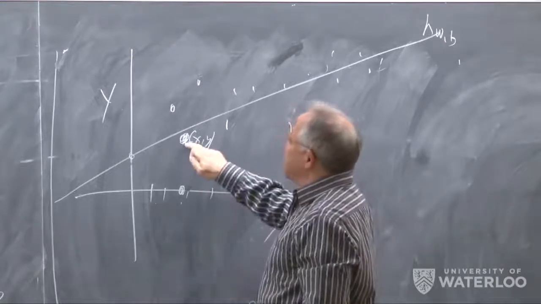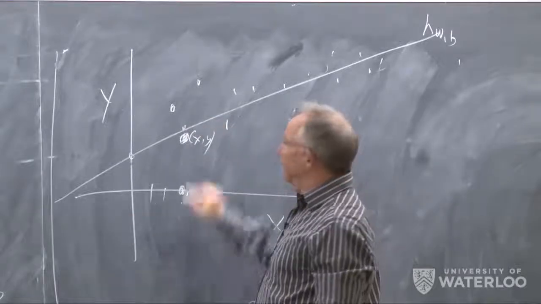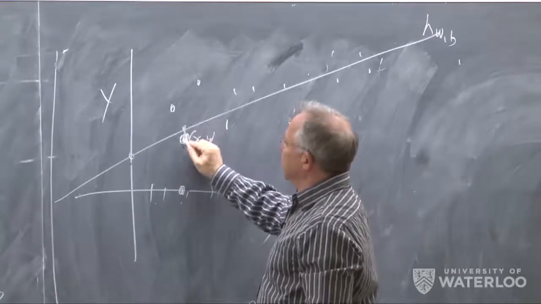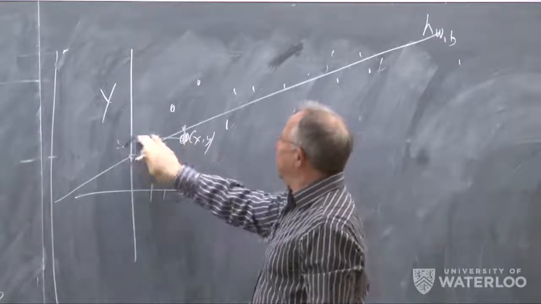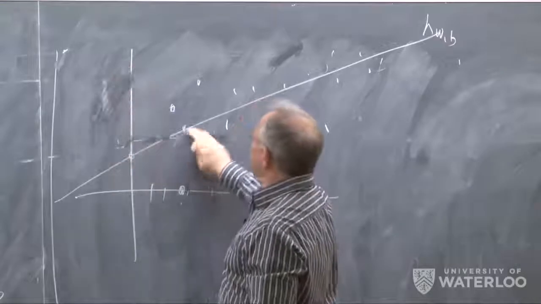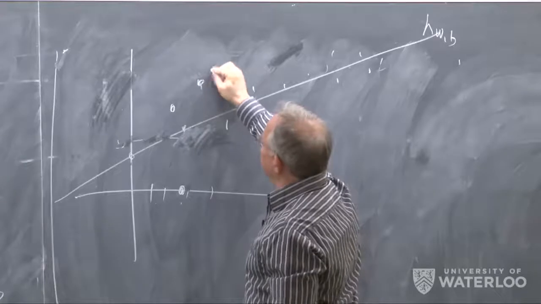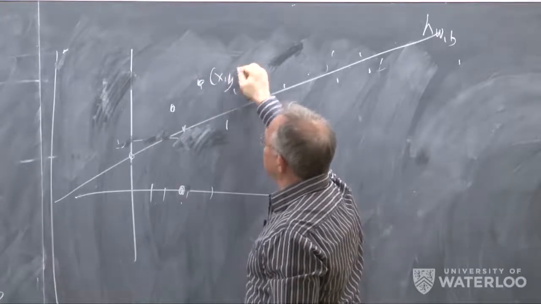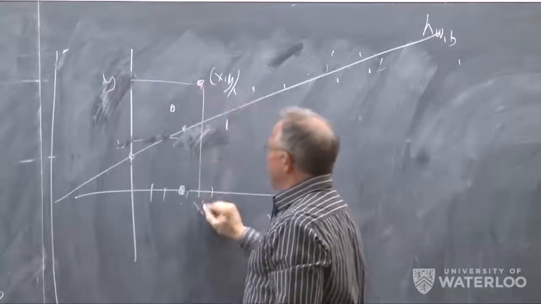I substitute x in my line and see what I get here. I look at the difference, because this is y. Maybe I'll draw it on a point which is further away from the line, so we will see more clearly what is happening. So this is a point x, y. This is my y, and this is my x.